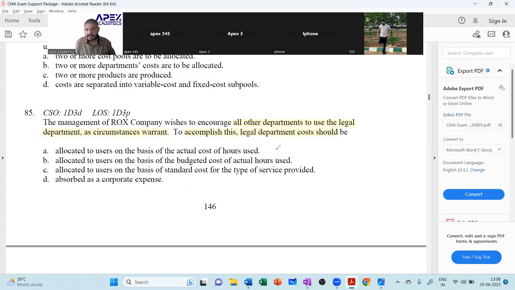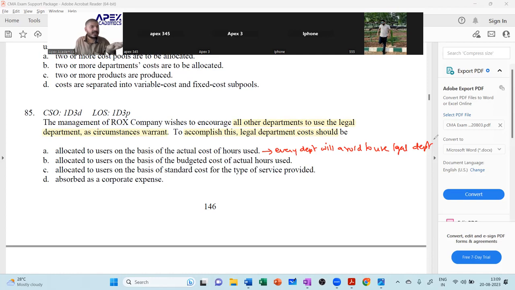If you do this, every department will avoid using the legal department. Why? Because whenever you use the legal department, the cost of that department sits in your cost. So your department becomes less profitable.